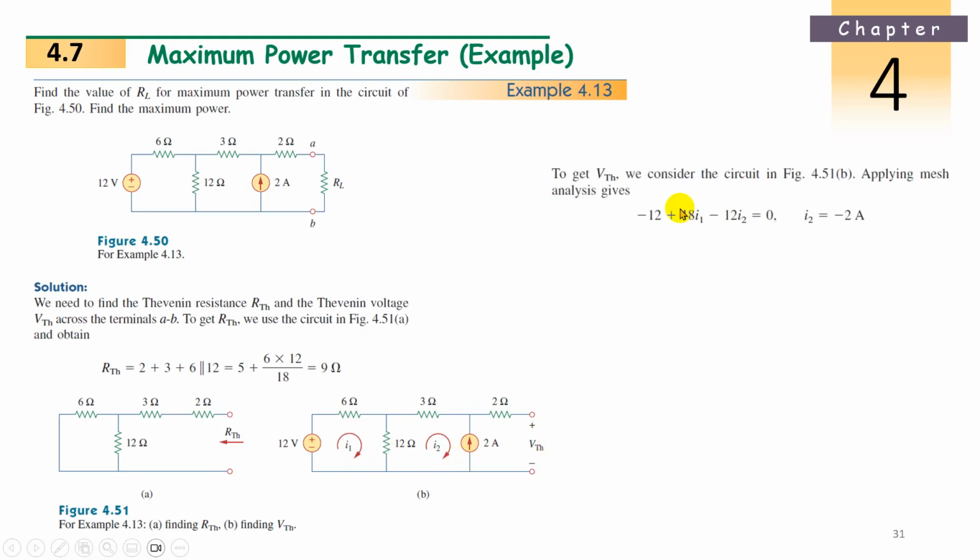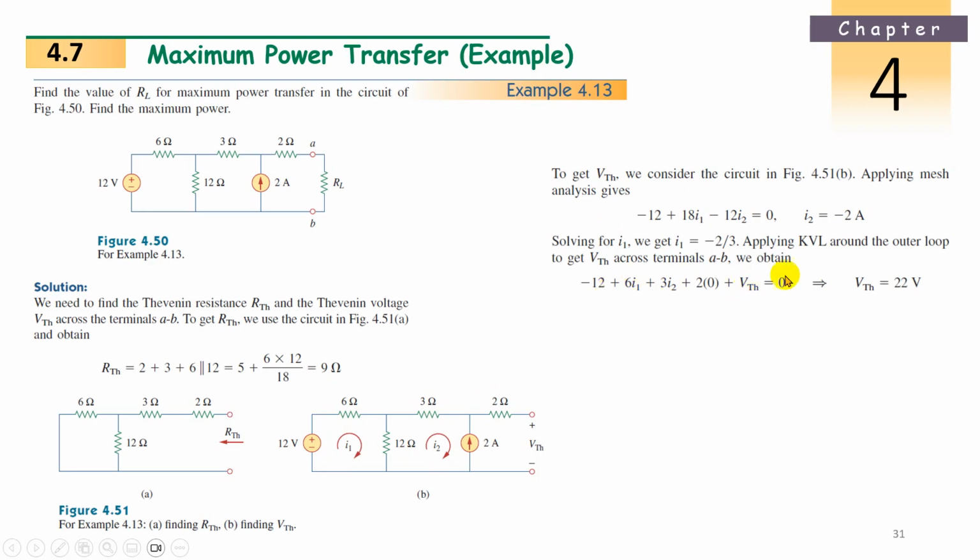Now we'll check. So minus 12 because current is leaving, plus 6 and 12, 18 I1 minus 12 I2 because I2 also has current. Now we know from the second loop I2 is minus 2. Now substitute and we will get I1. So I1 is minus 2 by 3 from these 2 equations.